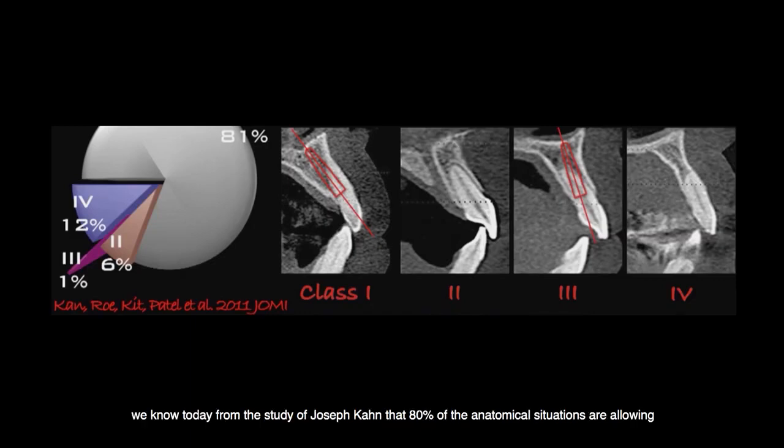We know today from the study of Joseph Kan that 80% of the anatomical situations are allowing an axis of the implant where the screw is buccally. And only 1 to 2% of the situations, class 3, are the ones that allow us a screw palatally in the frontal region.